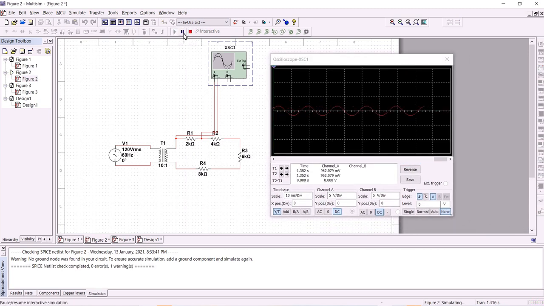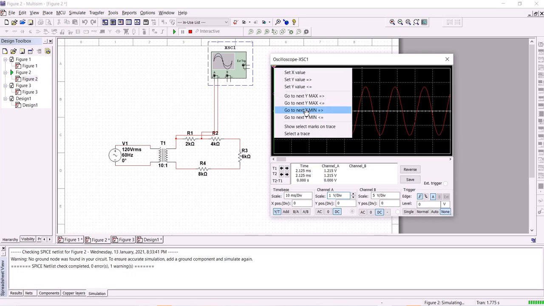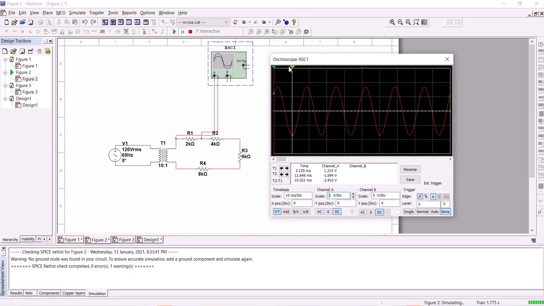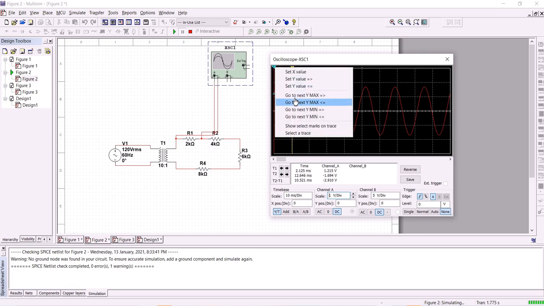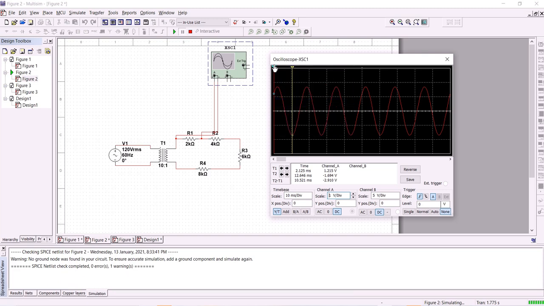Okay, we pause, and I decrease the scale to make sure the graph is much bigger. Now to find the V peak and V peak to peak, I use this method. I set these two arrows, one to the Y max and another one to the Y min.